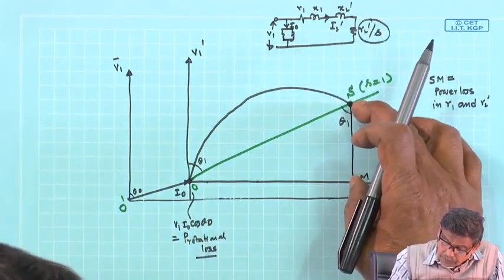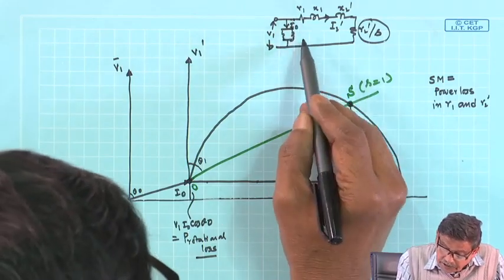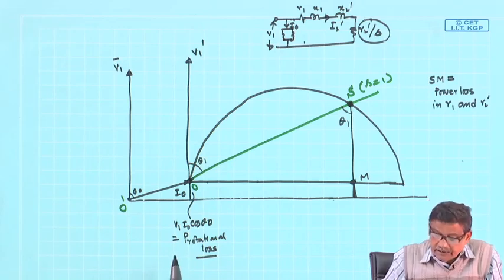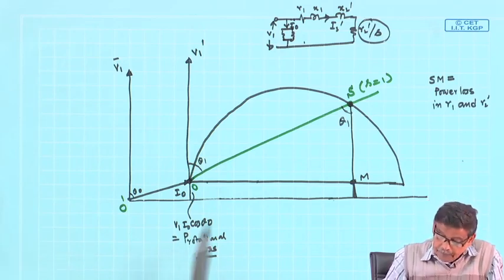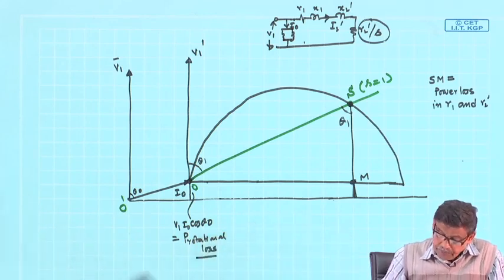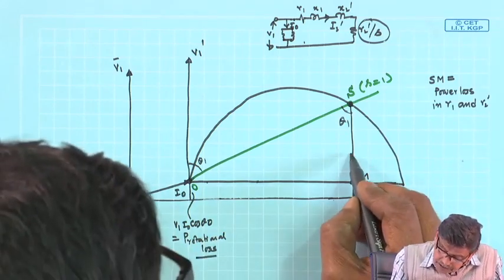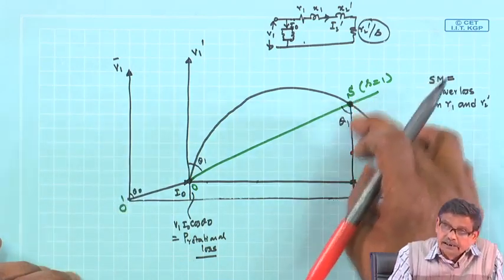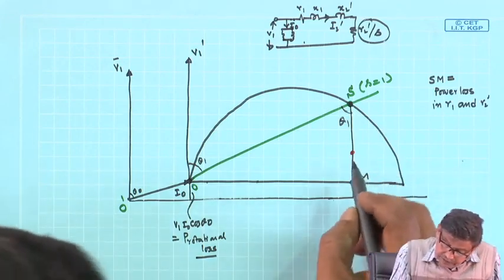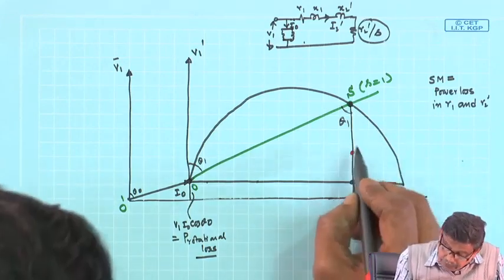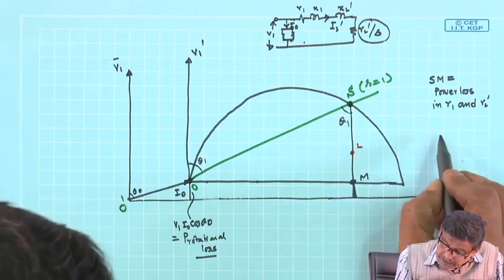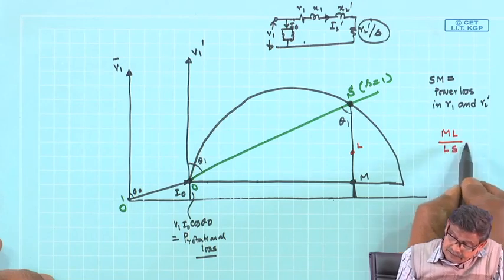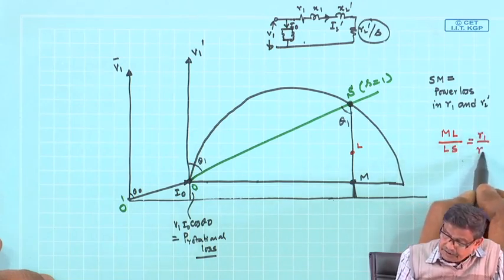Therefore, Sm is the total power between these 2 points. If I subtract the power loss because of stator resistance, then I will get the air gap power. Now, how to do that? What I do, I will divide this length Sm into segments such that, suppose this point I call L, such that ML by LS is R1 by R2 dashed.